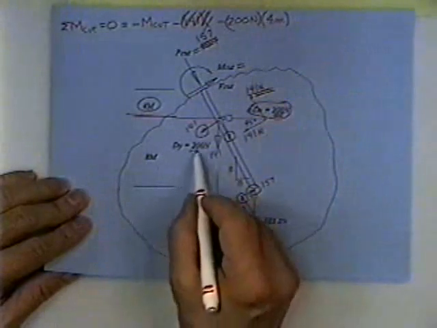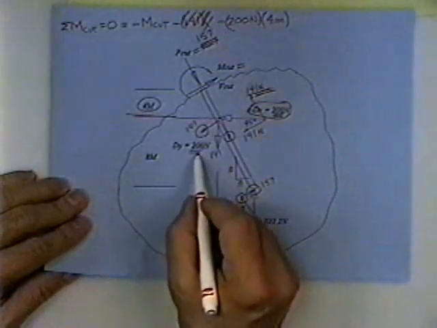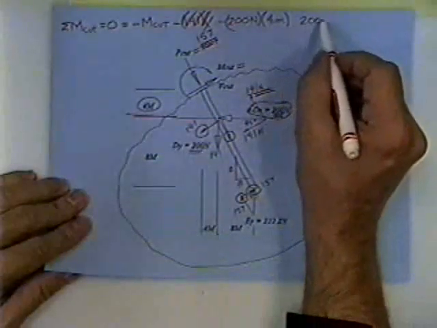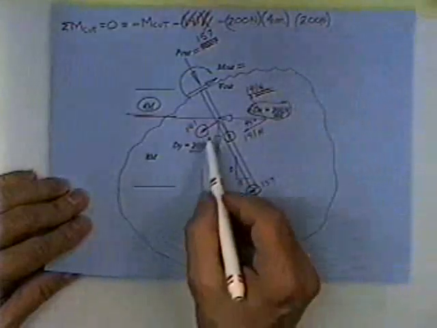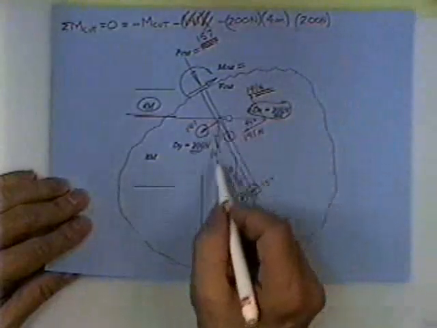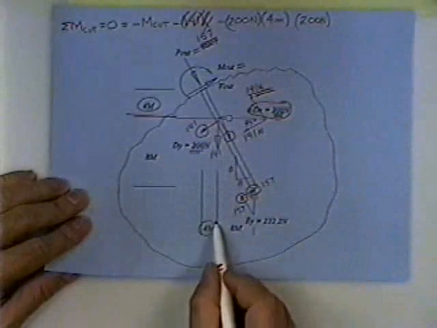And here is our 200 Newton force for Dy. So there's a 200 Newton force multiplied times his moment arm, 4 meters. His tendency to roll is also minus.